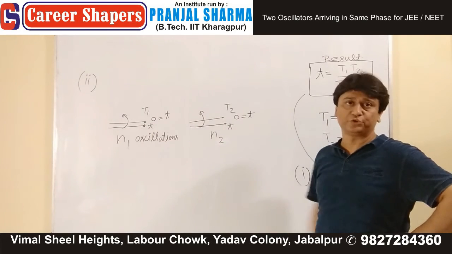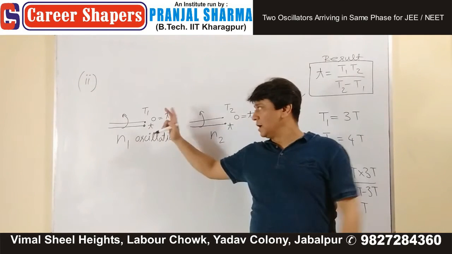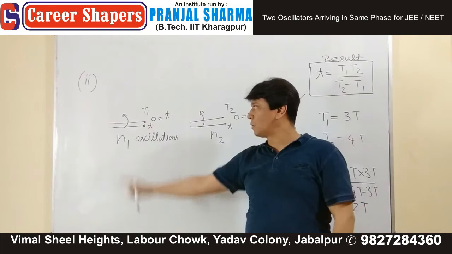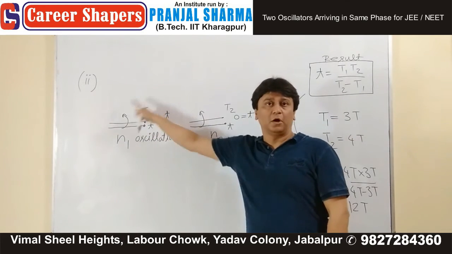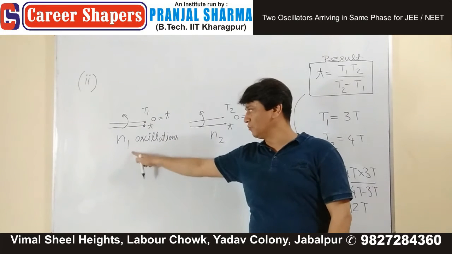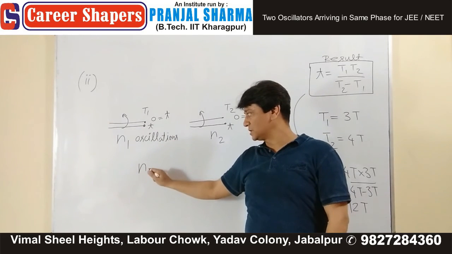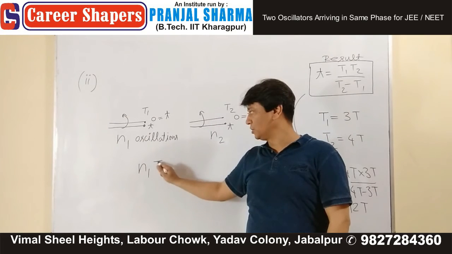Question is almost done. One oscillation requires what time? T1. How many oscillations? N1. So what is the time taken? N1 into T1.